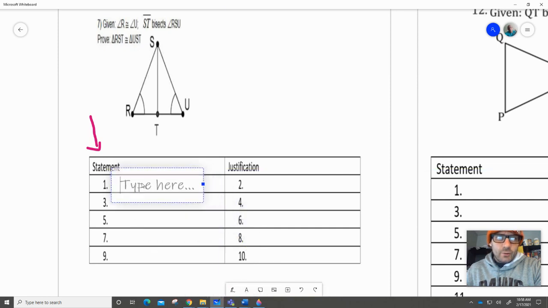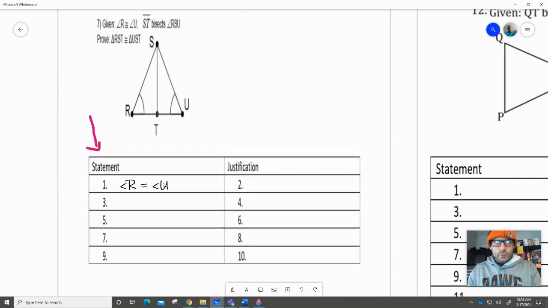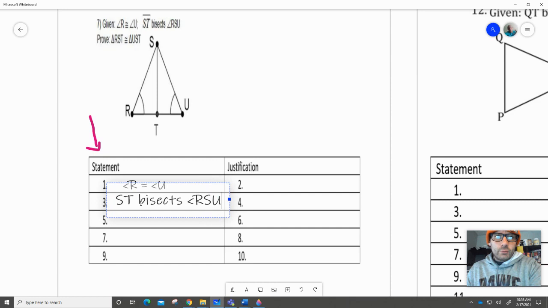Our first given is angle R is congruent to angle U. And our second given is ST bisects angle RSU.